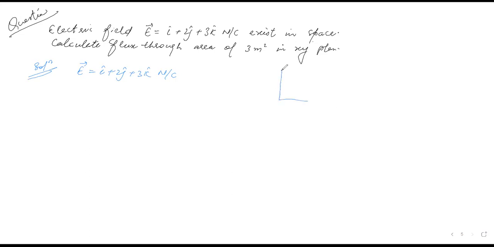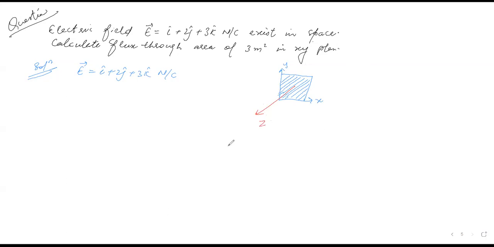You already know this is your X and this is your Y. This is your XY plane. If this is your plane, then what will be the direction of the area vector? The direction of the area vector will be perpendicular to this plane, I mean along the Z axis.